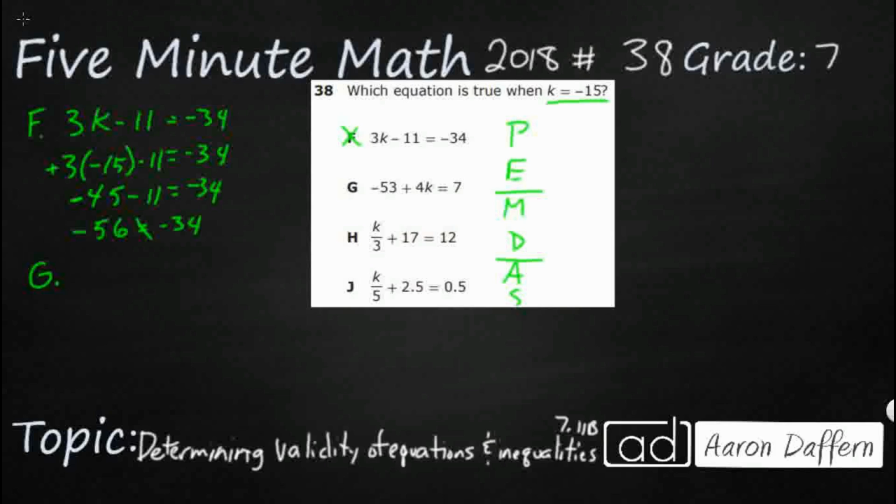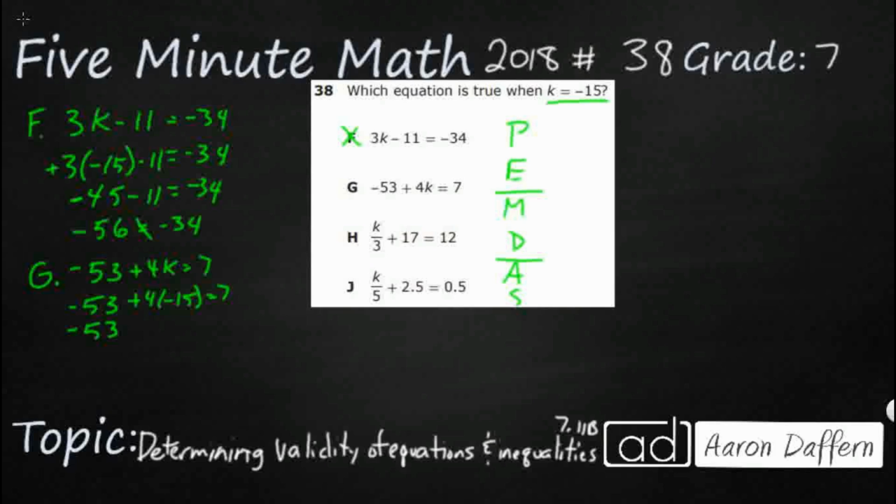We're just going to move through G, H, and J. So negative 53 plus 4k equals 7. Let's substitute in: it's going to be negative 53 plus 4 times negative 15 equals 7. So 4 times 15 is 60, so 4 times negative 15 is going to be negative 60.